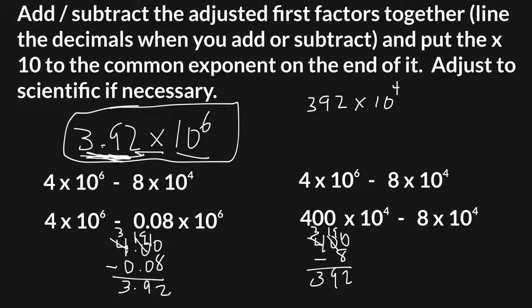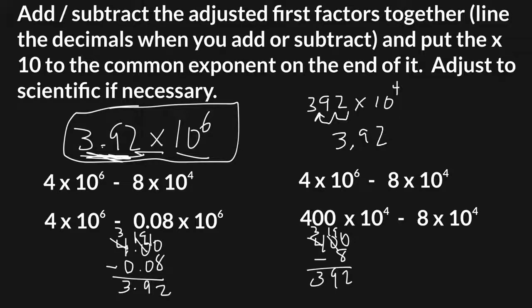Now this is why I like working with the larger exponent better. When you work with a larger exponent, no need to simplify. But when I'm working with a smaller exponent here, you'll notice that this number is much greater than 10. So I have to adjust it by moving the decimal over 2 place values, giving me the 3.92.